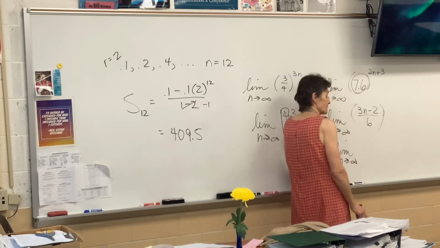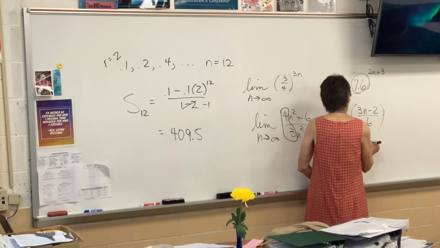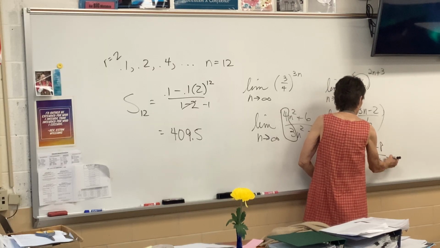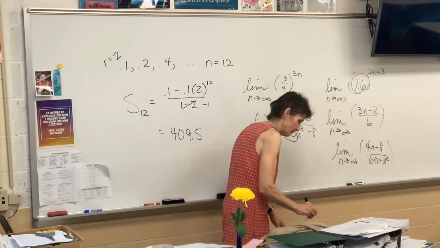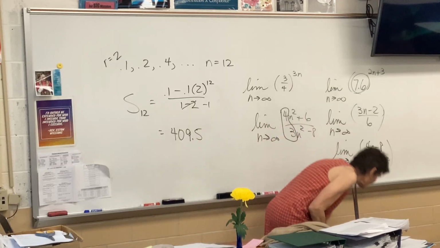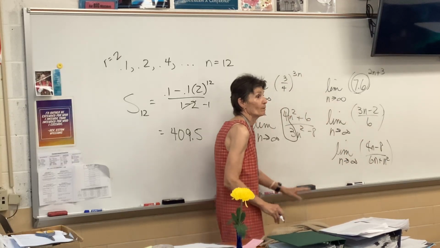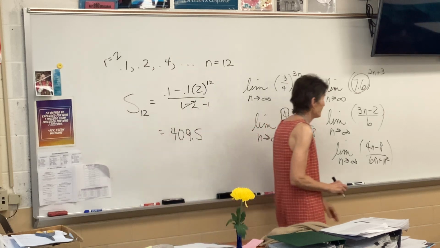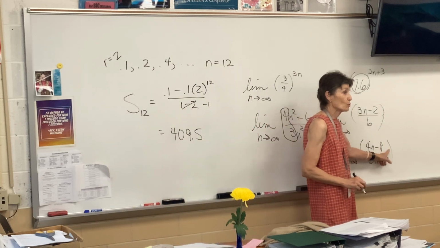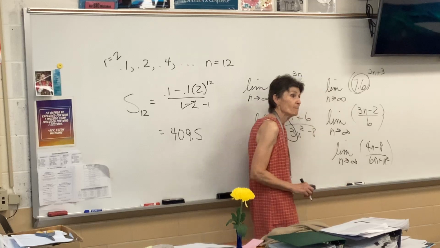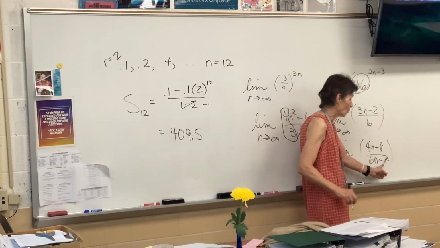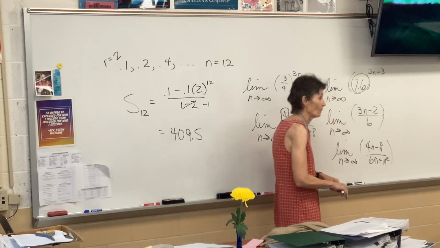You might have to do this sometime soon in the future. What about that one? I heard somebody say 0 and that person was right. The reason the limit is 0 is because there's no n squared on the top. So you basically have 0 over 1, which is 0.